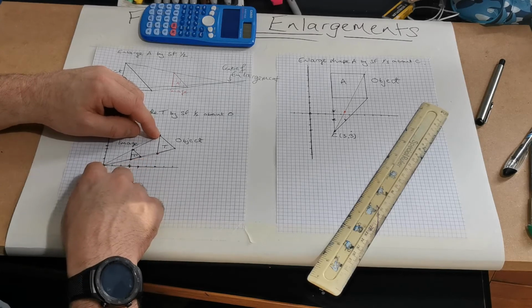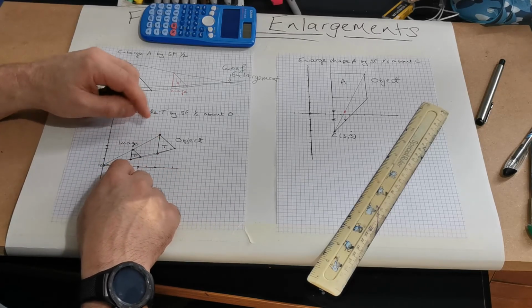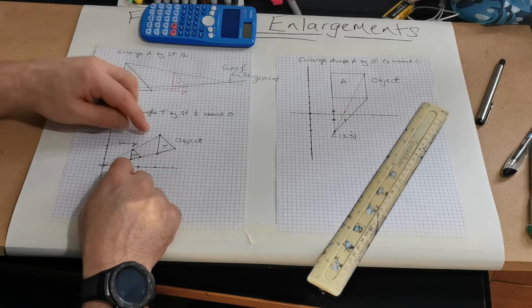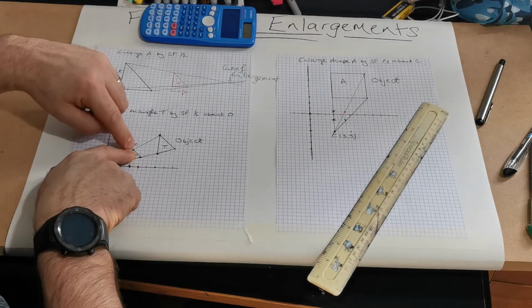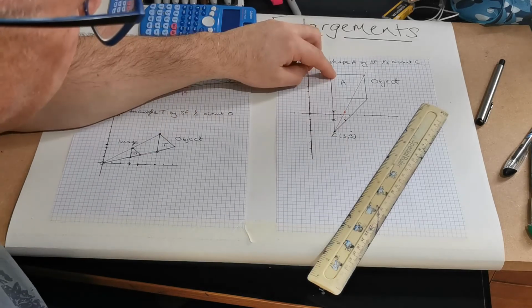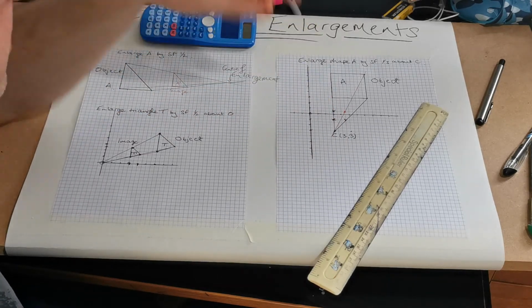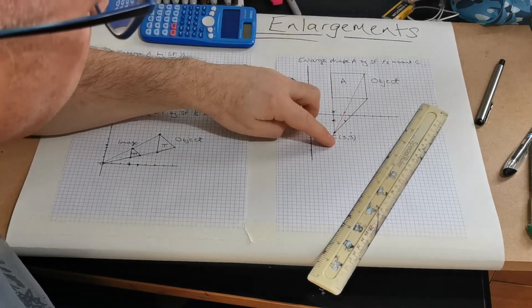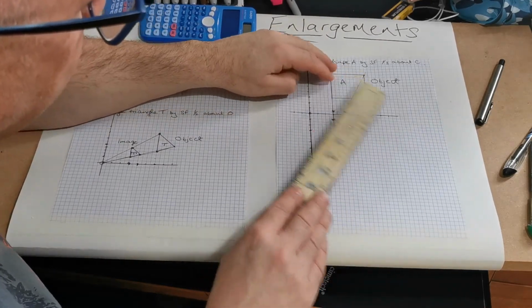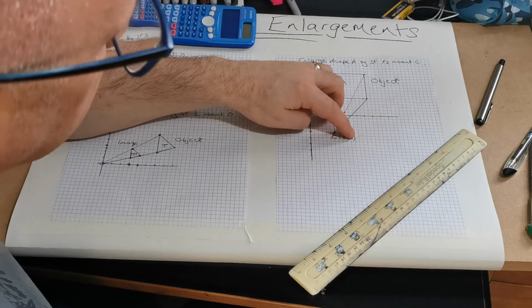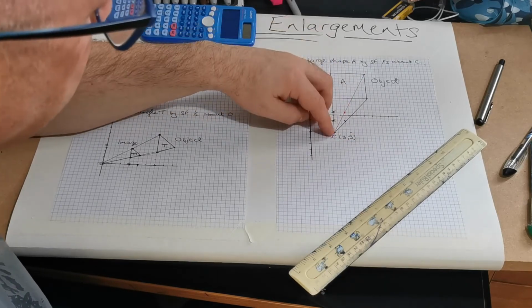So I had to divide my 12 by 2 to get 6, my 10 by 2 to get 5, and at 6, 5, that was where the point met. And with this one, I had to divide all those distances by 3, whether you do it in a direct line by measuring, or whether you do it by dividing the x's by 3 and the y's by 3.